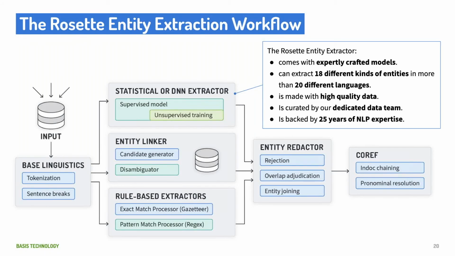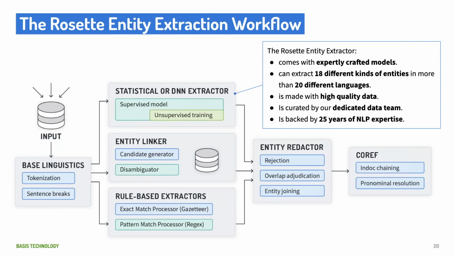So right off the gate, what we're going to dive into here is just a high-level overview of what the entity extraction tool is capable of and what different elements make up the entity extraction workflow. So at a high level, there are 5 different steps that make up entity extraction.